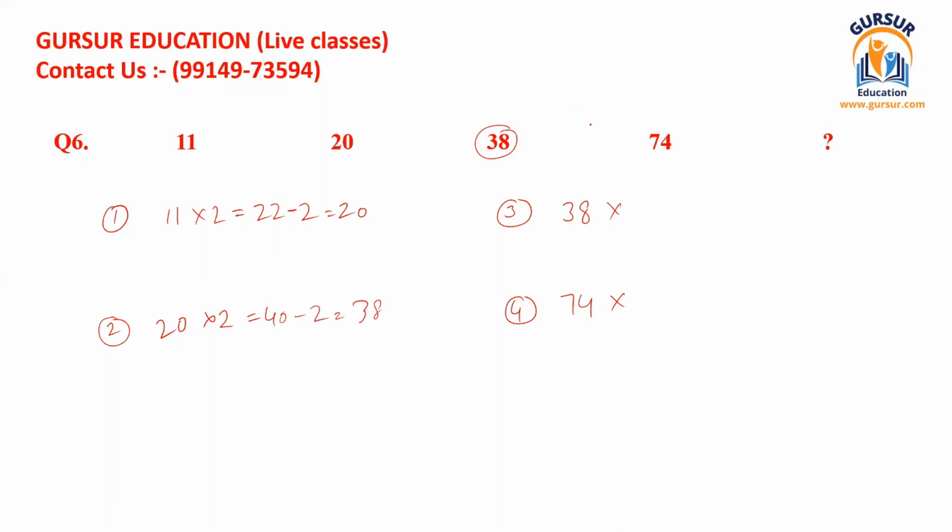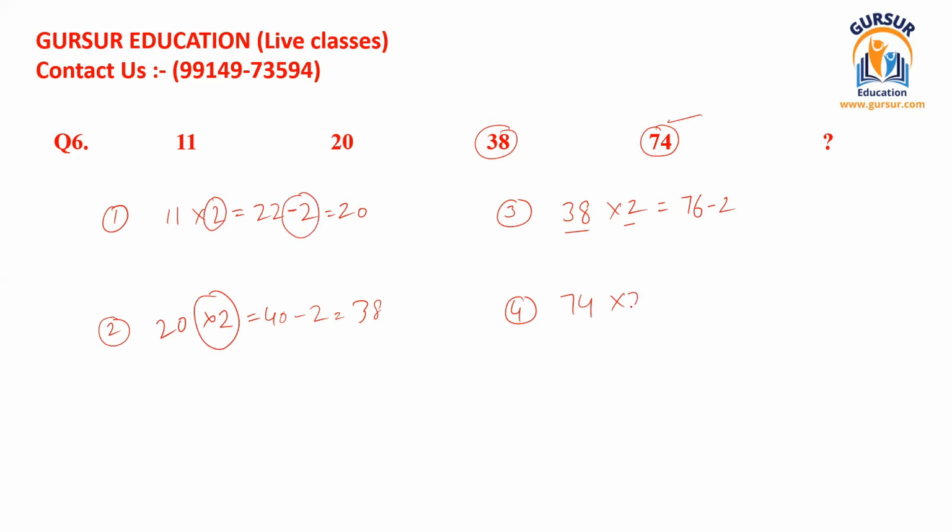In the same way, we have to multiply 2 with 38 so that we get close to 74, and when we multiply this we get the value of 76, and when we minus 2 from that we get the value of 74, and that is the answer. So in the same way the combination is there every time: we have the multiplication with 2 and a subtraction of 2.